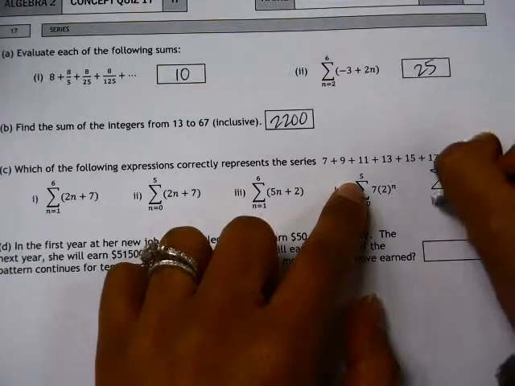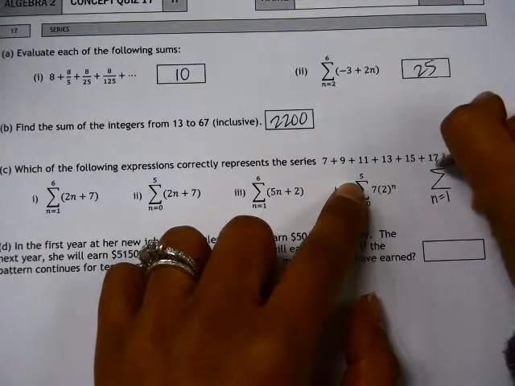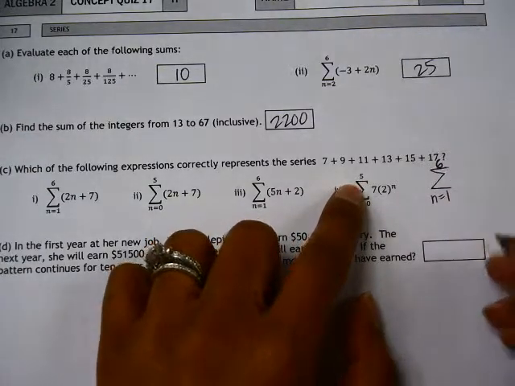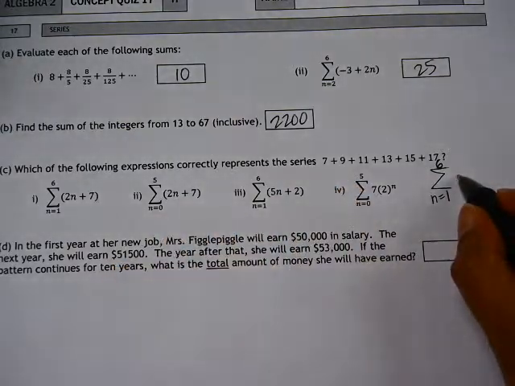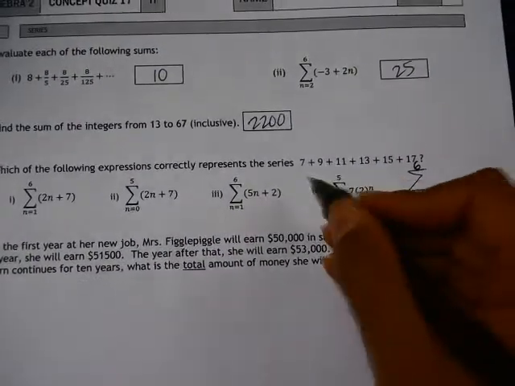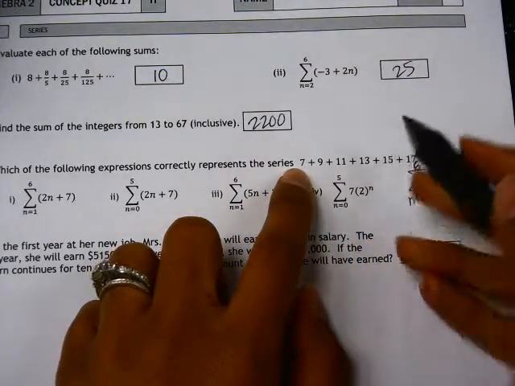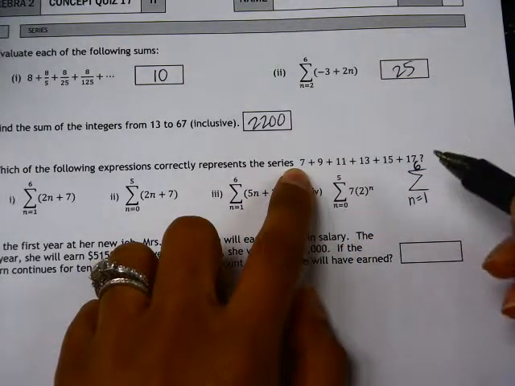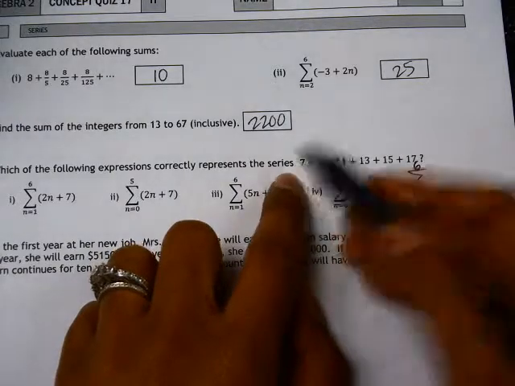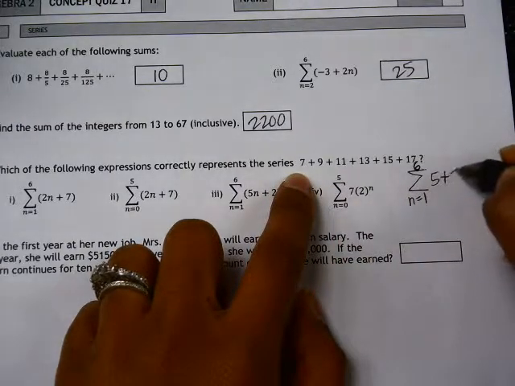So I'm going to start at n equals 1 and go all the way up to n equals 6. And then all I need here is an expression that represents the series. So we can see here we're adding 2 each time, so it's arithmetic. And the initial value here would be 5, so 5 plus 2n.